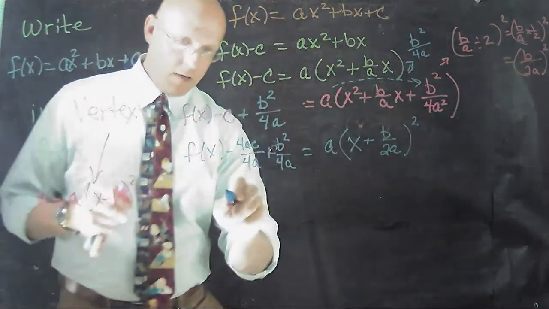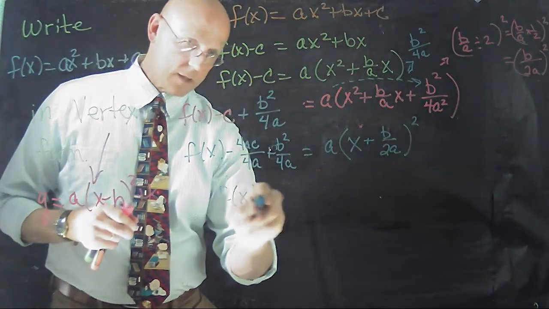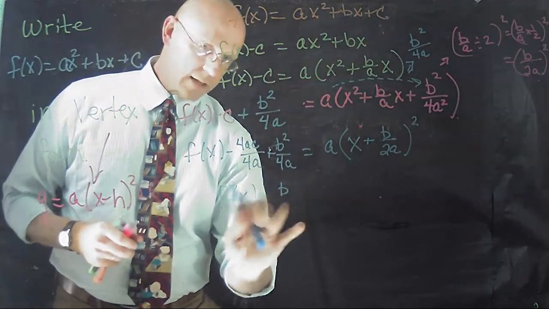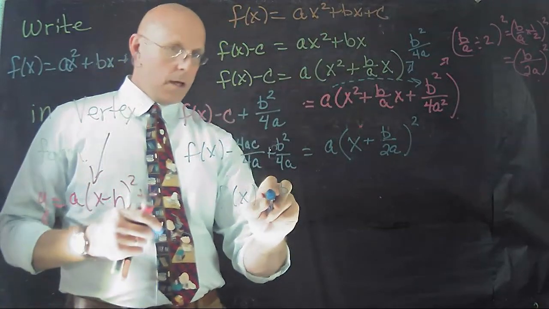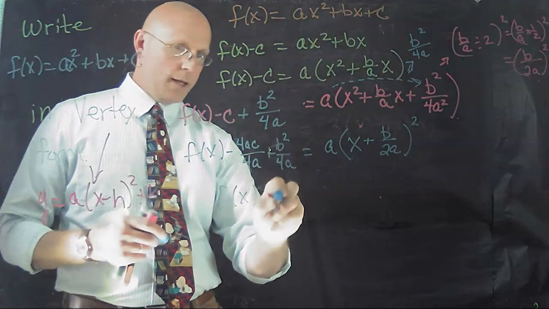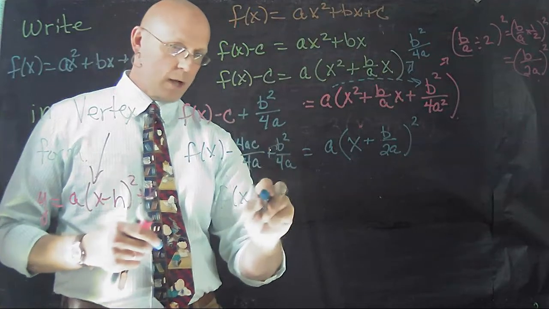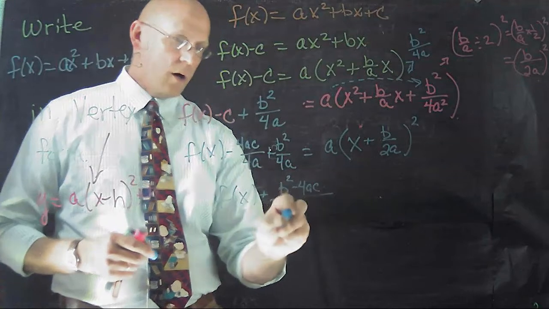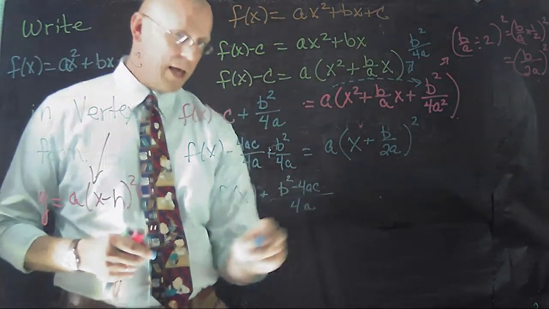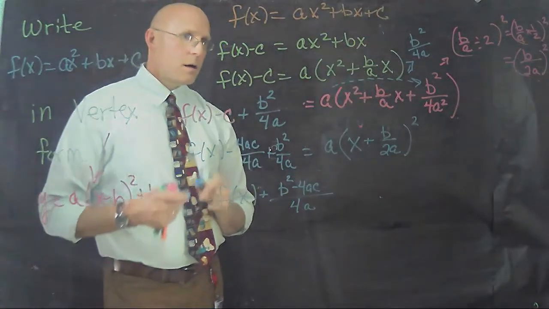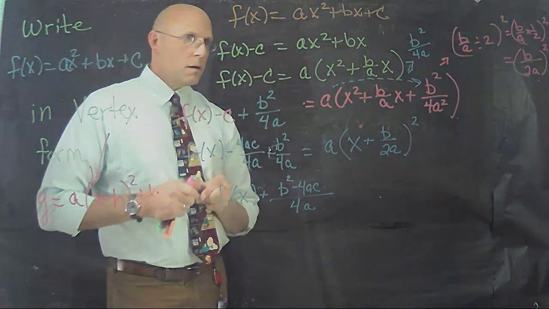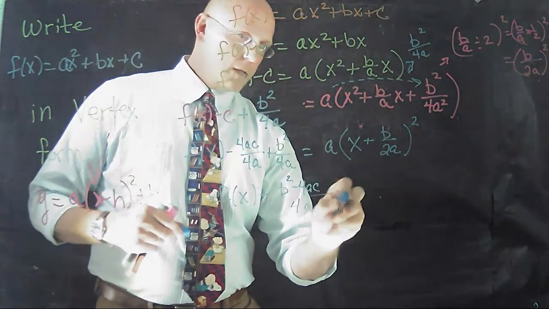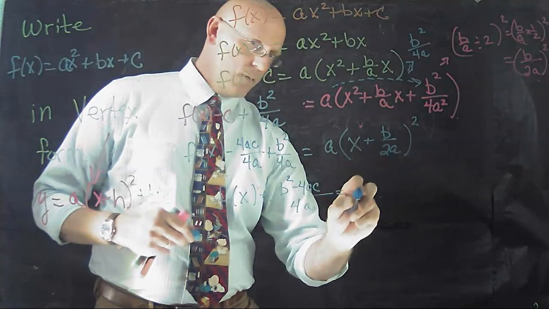So now I have f of x equals, what do I get over here? I get f of x. This is going to give me what? b squared minus 4ac all over 4a, and that's going to be equal to this now.